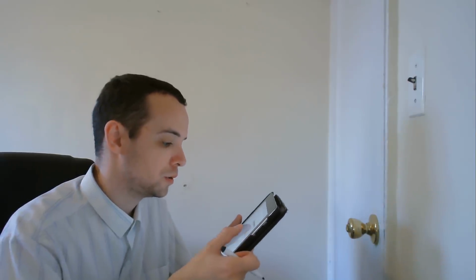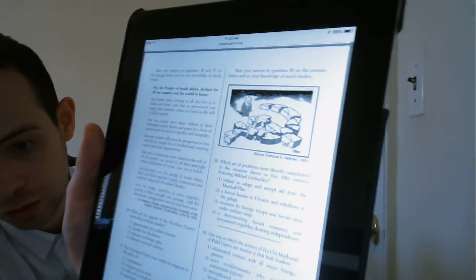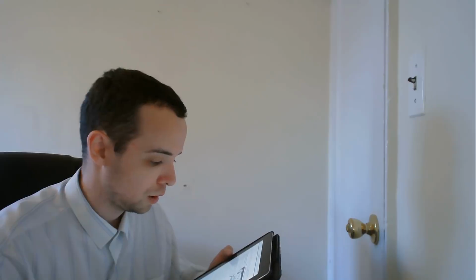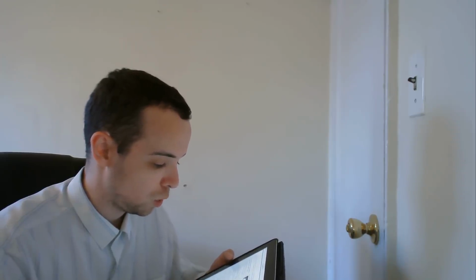Right, question 36. It says, we, the people of South Africa, declare for all our country and the world to know that South Africa belongs to all who live in it, black and white, and that no government can justly claim authority unless it is based on the will of all people.